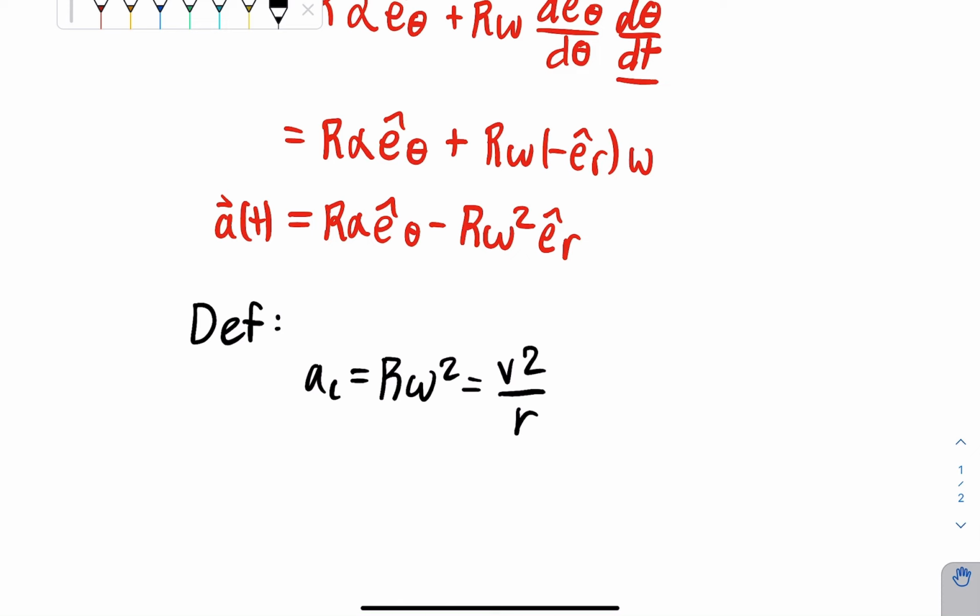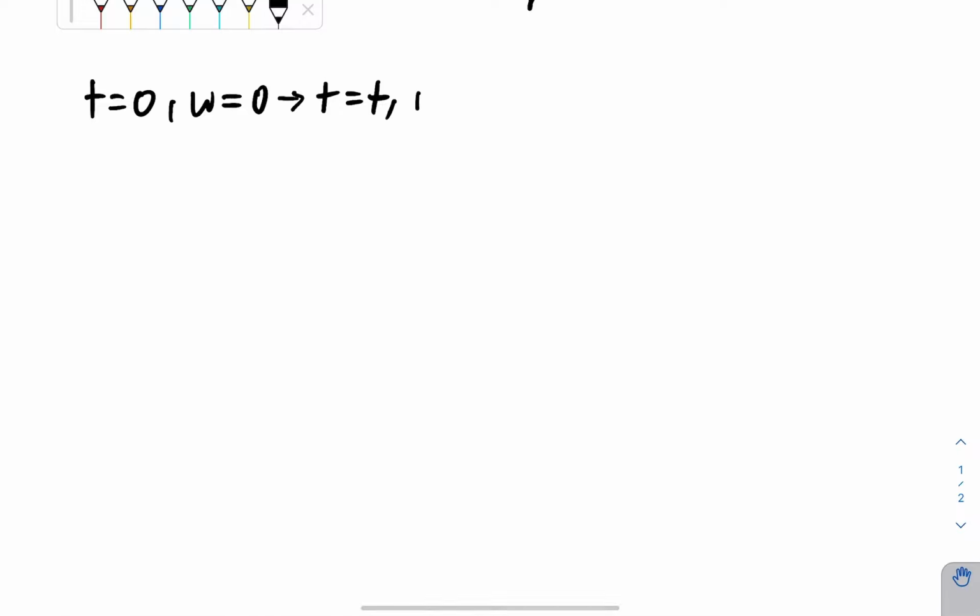All right. So why don't we now try an example? Let's say that at some time t equals 0, I will start at an initial angular velocity of 0, and then at some t equals t, I will have some angular velocity of omega equals n revolutions per minute.